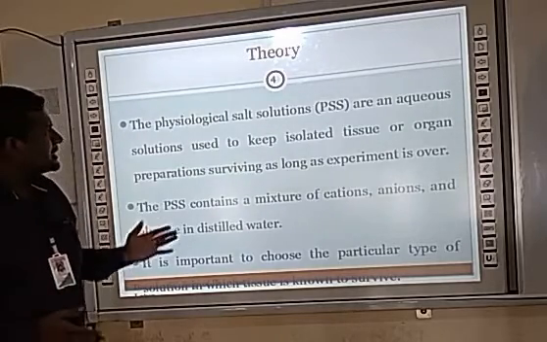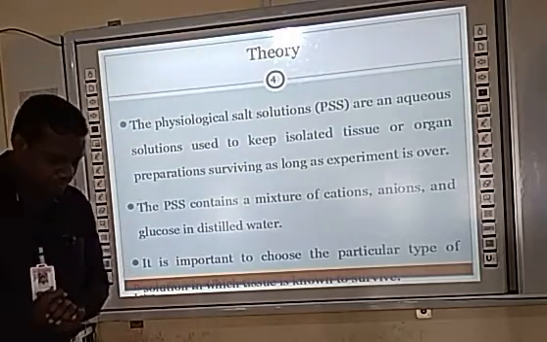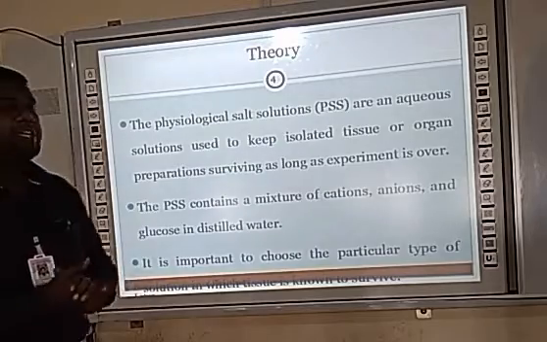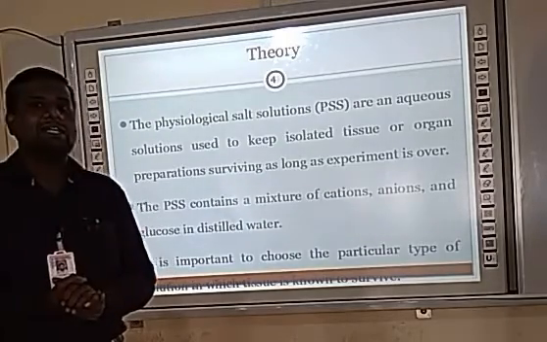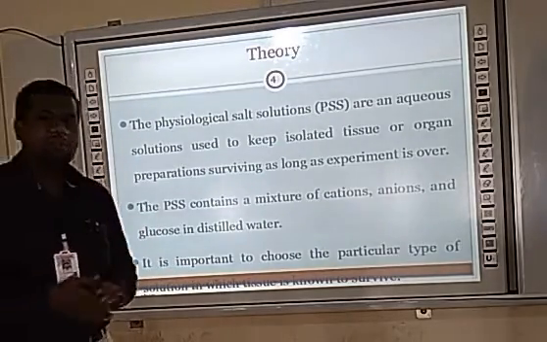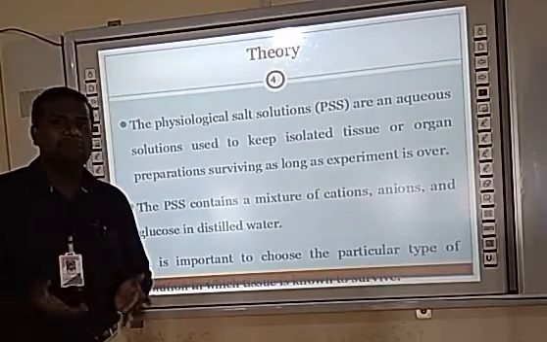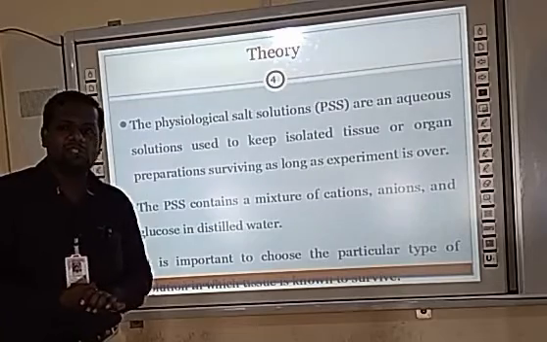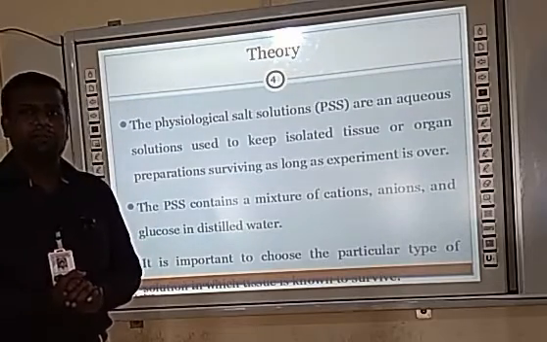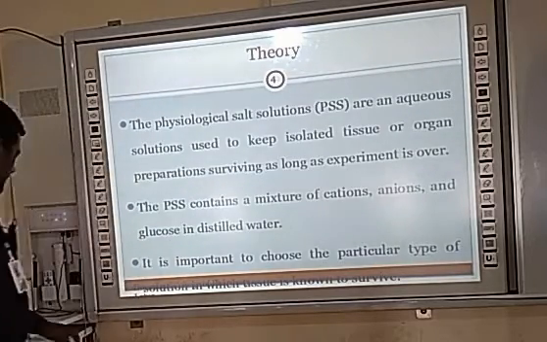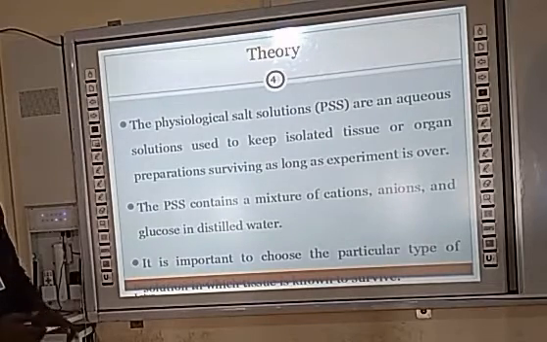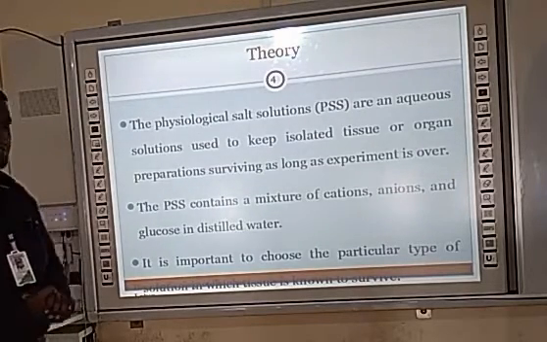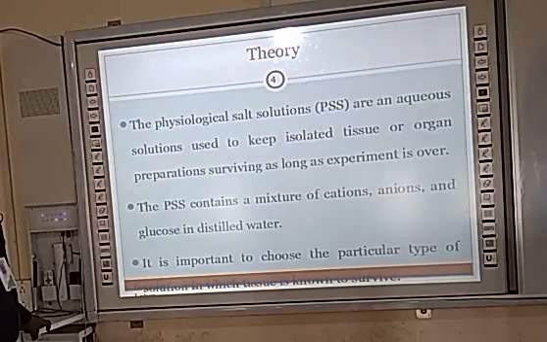Another important point is that if the prepared PSS becomes turbid, then we have to prepare a fresh PSS before starting the experiment. So this is the theoretical part behind experiment number 1, physiological salt solution preparation.